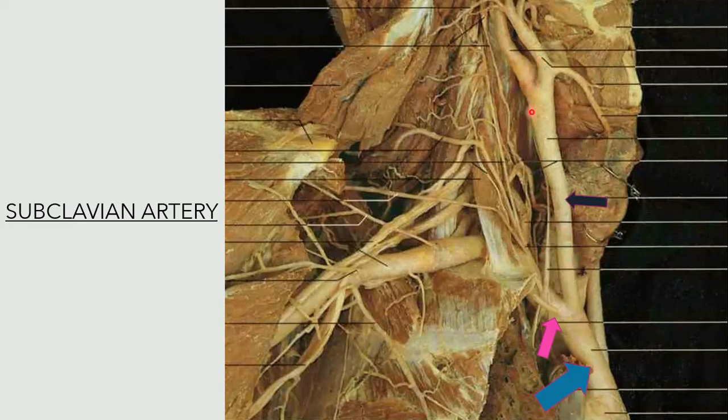So you can see the right common carotid at the C4 cervical vertebra level divides into an internal carotid and an external carotid artery. Sorry for that.